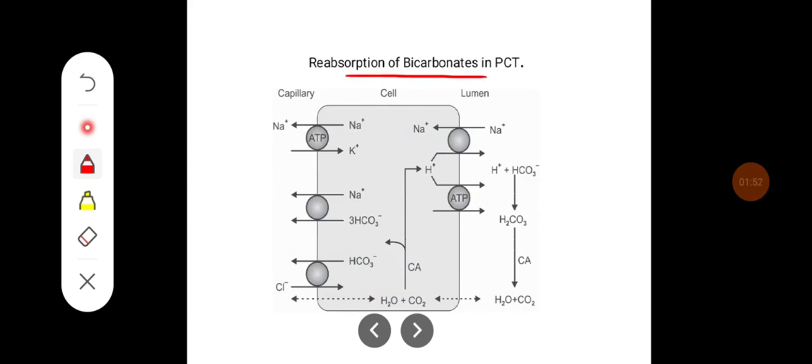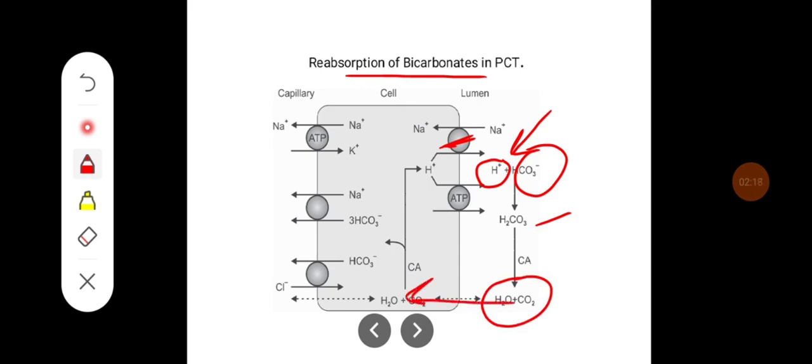So there is active secretion of H plus ions through the sodium-hydrogen pump, and this H plus ion binds with a filtered bicarbonate to form carbonic acid, which forms water and carbon dioxide, and that is reabsorbed.